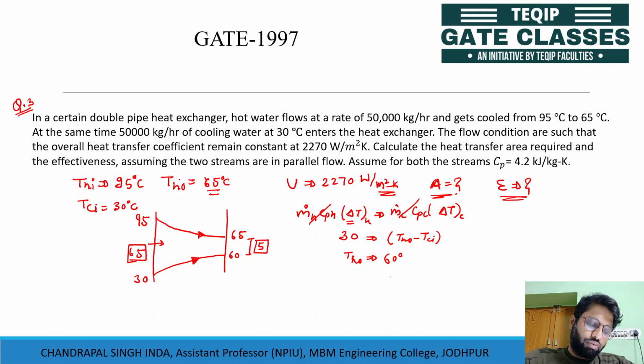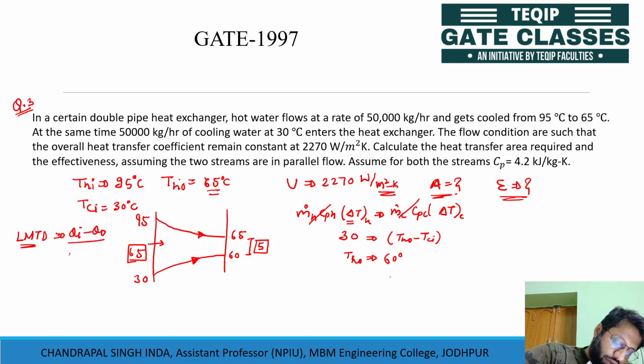So here first we can find the LMTD for the parallel flow heat exchanger. The value of LMTD is equal to theta inlet minus theta outlet divided by Ln theta inlet by theta outlet. So LMTD will be equal to 65 minus 5, 60, divided by Ln 65 by 5.